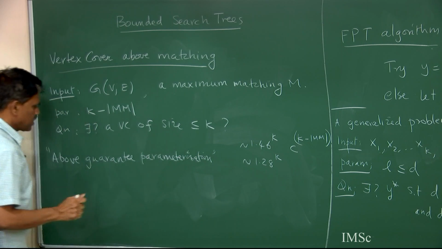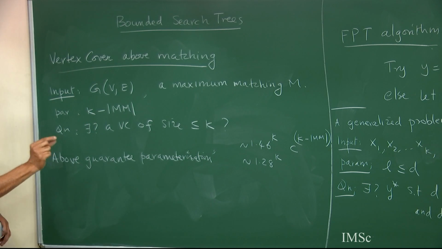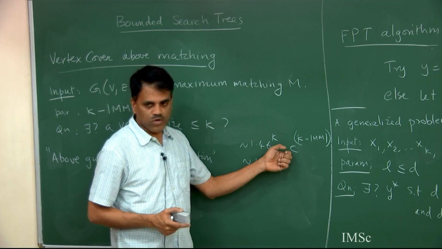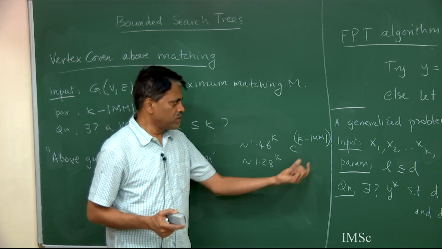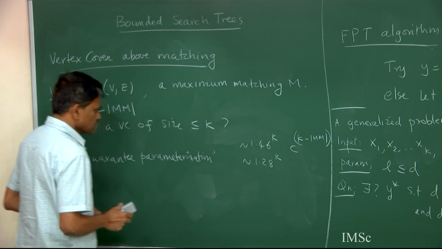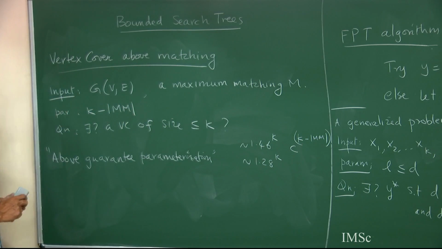Which means that there is some guarantee known, and the exponential blow-up I am allowing you is not on the entire solution size, but on this difference, solution minus the guarantee. So you see that getting this kind of an algorithm can be more challenging, because what is allowed is something much smaller than k.